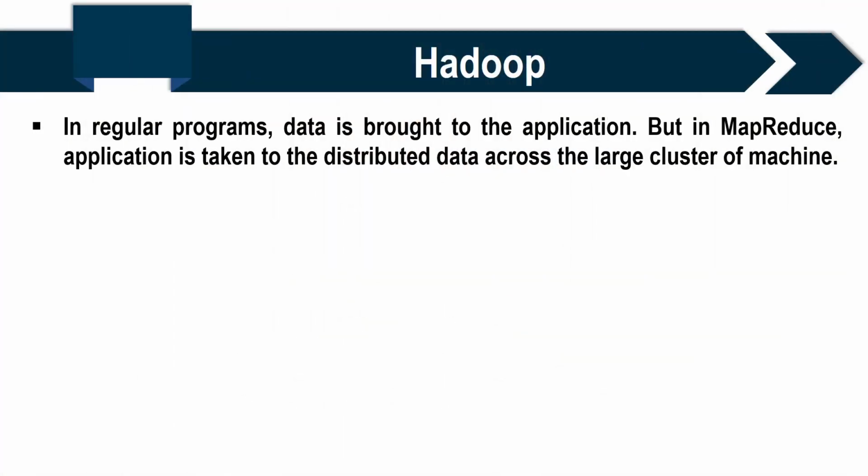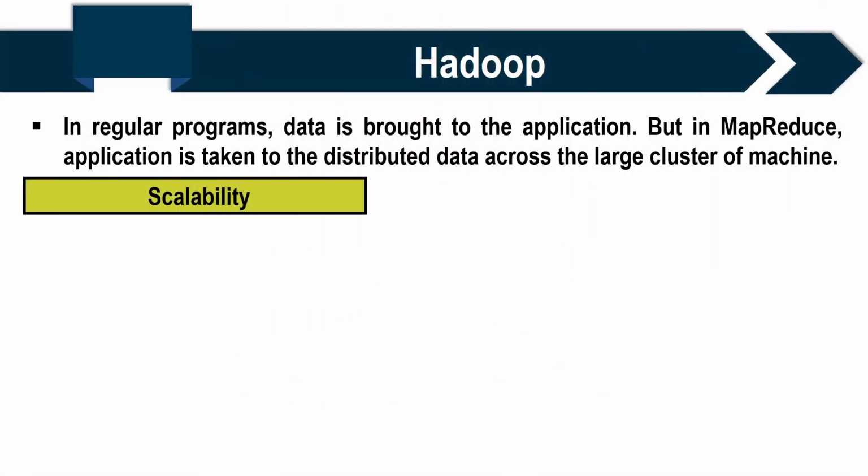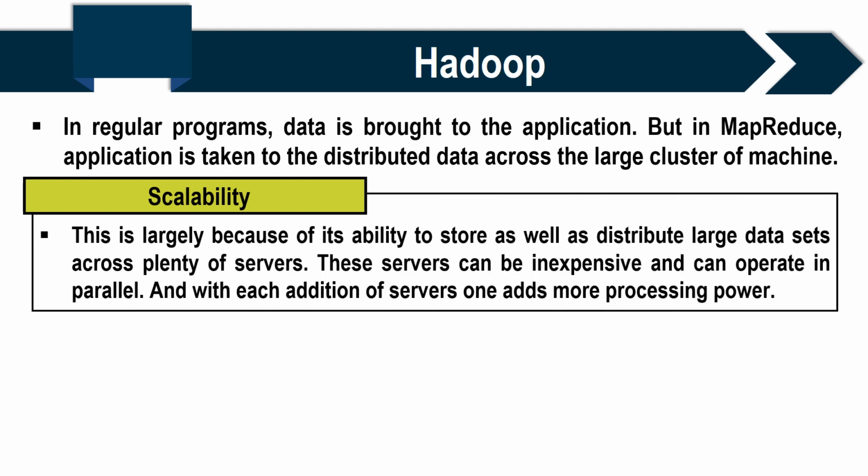So this new paradigm in Hadoop has resulted in many capabilities to build big data systems. One of which is the scalability, and this is largely because of the Hadoop file system, which is called HDFS, Hadoop Distributed File System, which can run on commodity hardware, provides fault tolerance as well.